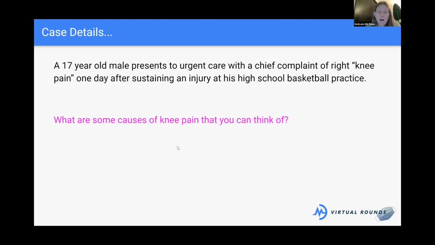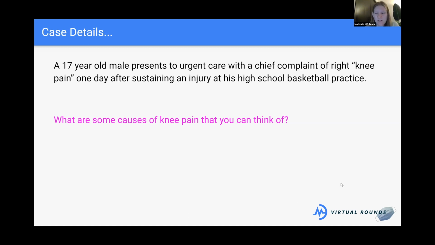So off the bat, without any additional information, and knowing that he got this at basketball practice, do you guys have any ideas of things that can cause knee pain? And it doesn't even have to be sports related. I guess spoiler for the next slide, but one of the things that I put on there is arthritis, and definitely unusual if a 17-year-old already had arthritis, but not something to rule out at any point until we have more information.